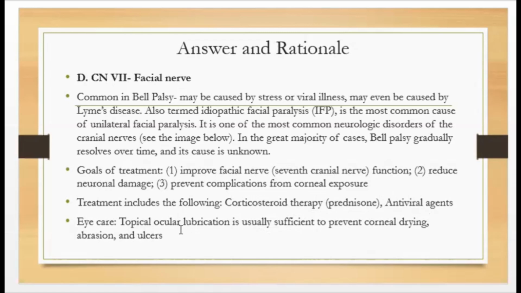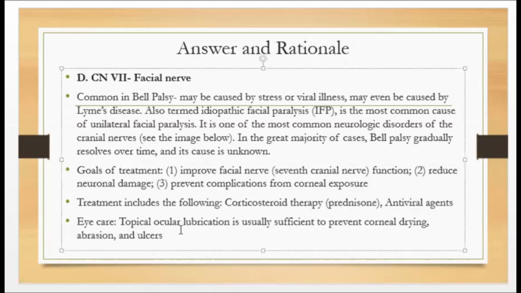And of course, they have to take care of their eye, to prevent corneal drying or corneal abrasion. So you remember, if you're taking ANCC, they can ask you the 2 treatments: steroids and antiviral agents, which is your acyclovir.